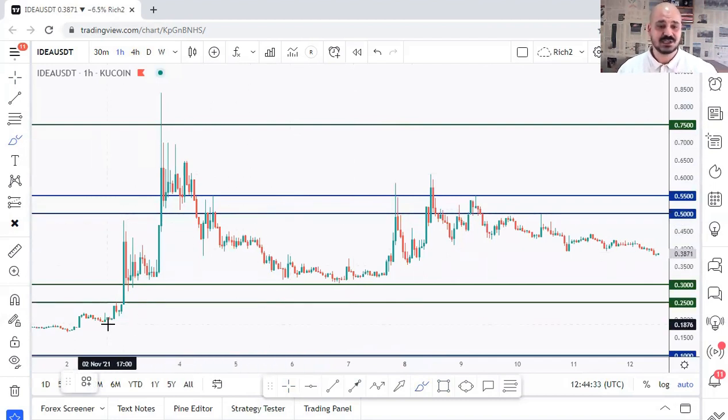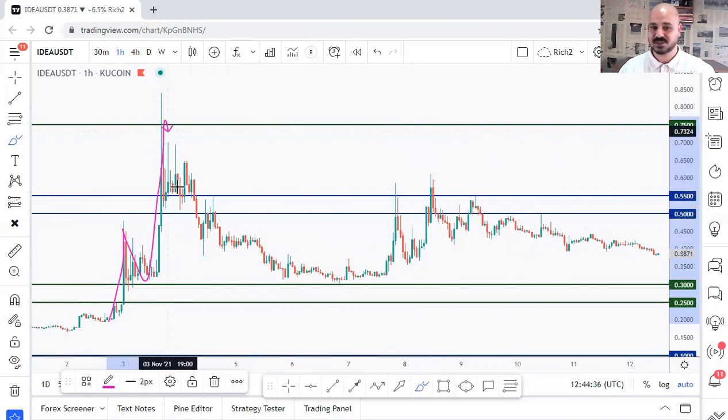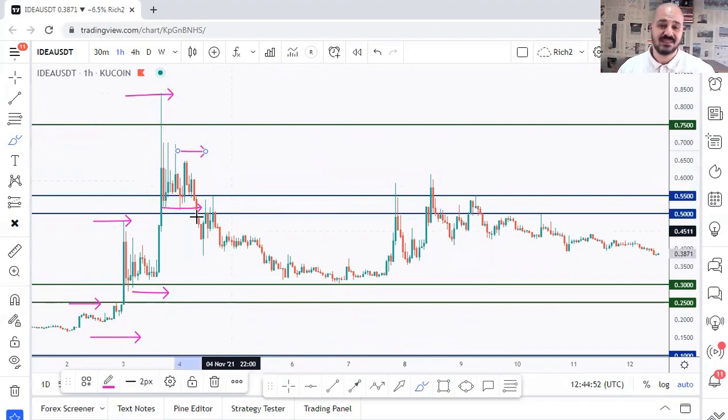So we have this impulse correction, and the price failed to make a higher high, and instead made a lower high. So this is our high, higher high, higher high, low, higher low, higher low. Then the price made a lower high, which is an early alert that the buyers are exhausted and aren't strong enough to push the price higher as they were doing before.